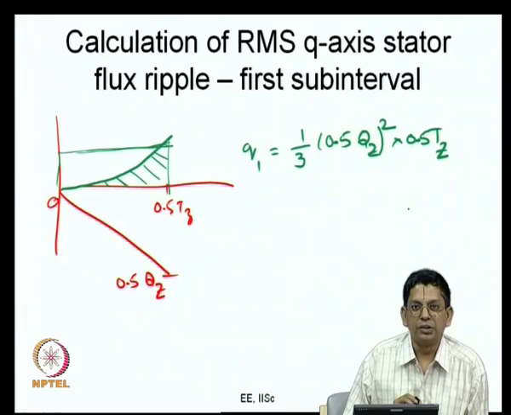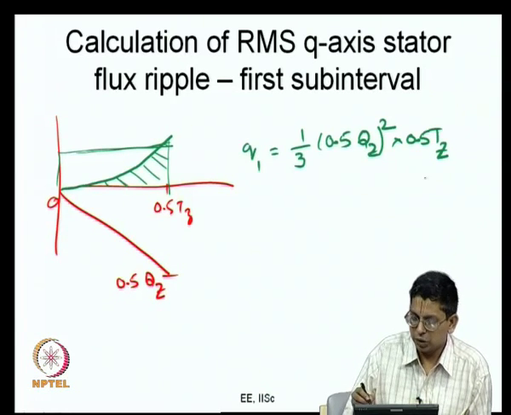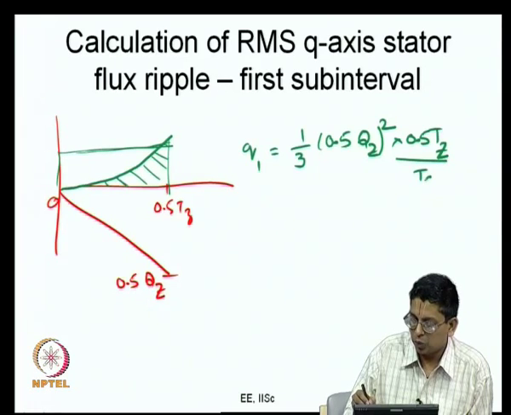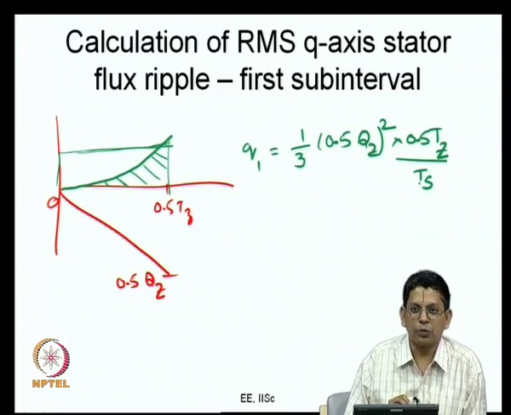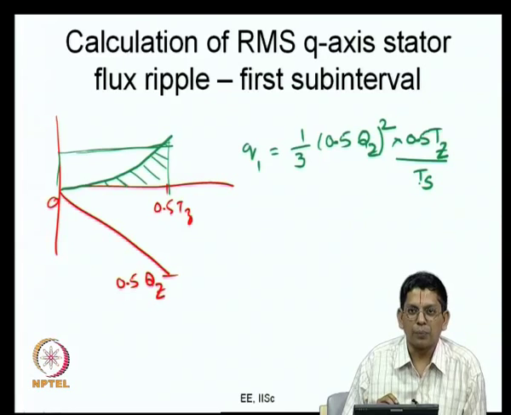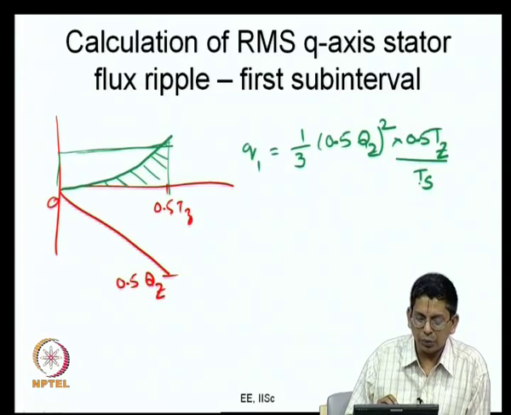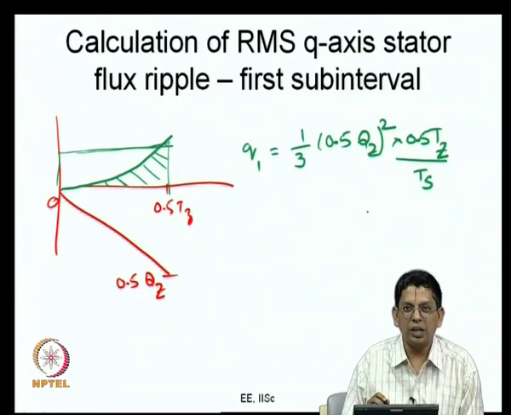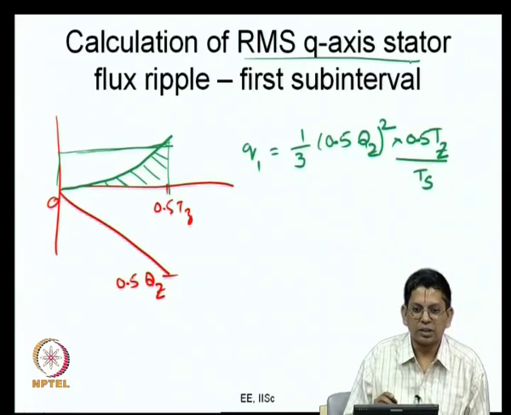This is the mean square value we are trying to calculate. So, this 0.5 Tz I can divide by the overall time Ts in order to find the mean square value. I am finding the contribution of the first subinterval alone towards the RMS q axis state of flux ripple.